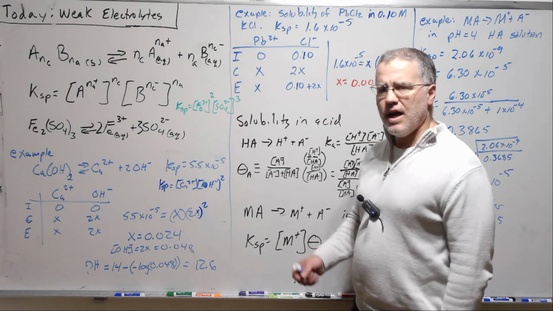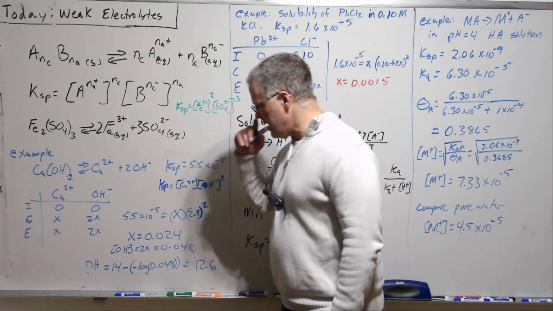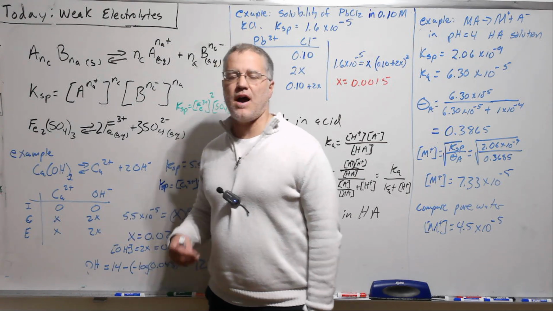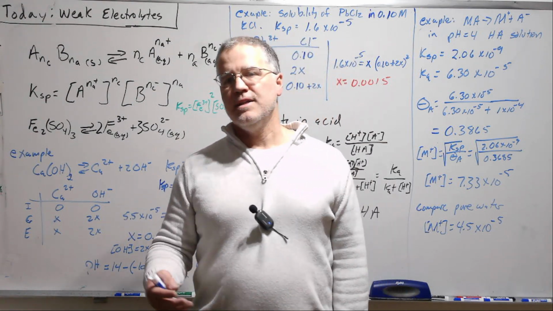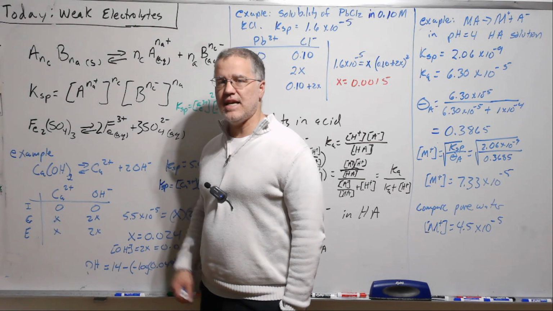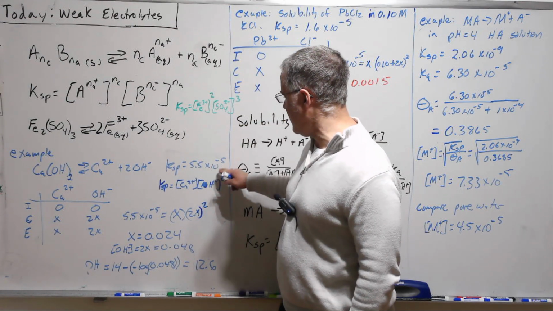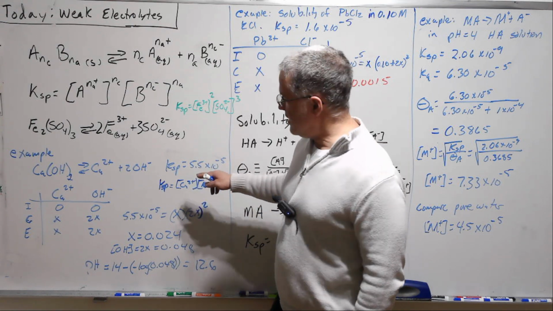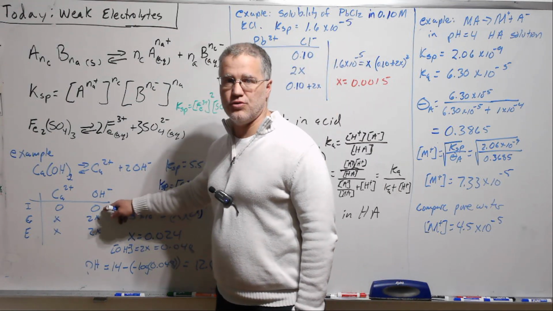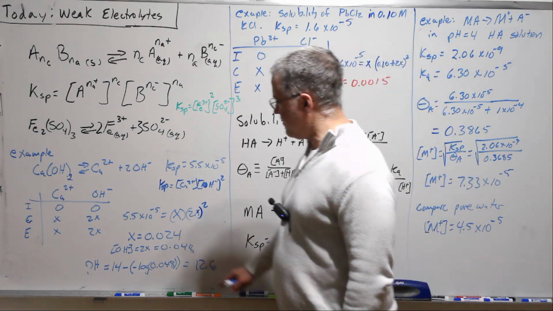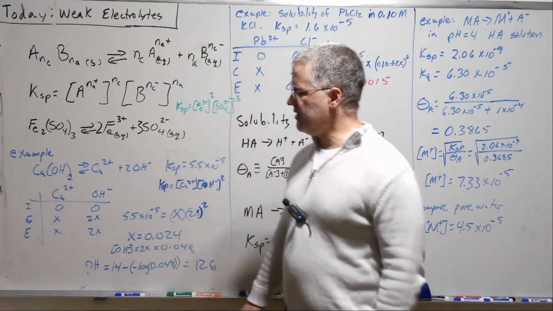I'm going to say one word of caution here. This isn't exactly true, right? We know the autodissociation of water, so the base amount of this is 10 to the minus 7. So if the KSP is very small, then we would want to include the 1 times 10 to the minus 7. But here it's good enough to just call that 0.